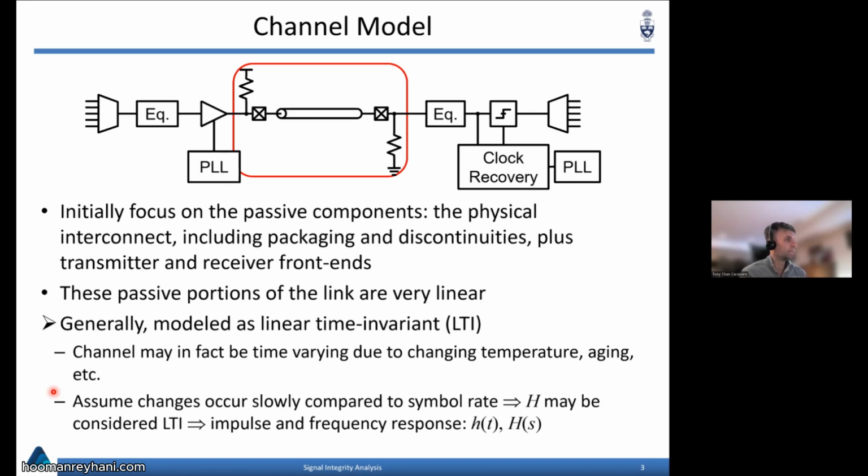the channel. So in that case, we can model this passive part of the channel, this LTI part of the channel, with an LTI model H that can be represented both by its impulse response, which we're going to use the symbol lowercase h, and its frequency response uppercase H. And again, this assumption that it's LTI is really a prerequisite for modeling it with an impulse response or frequency response in this way.